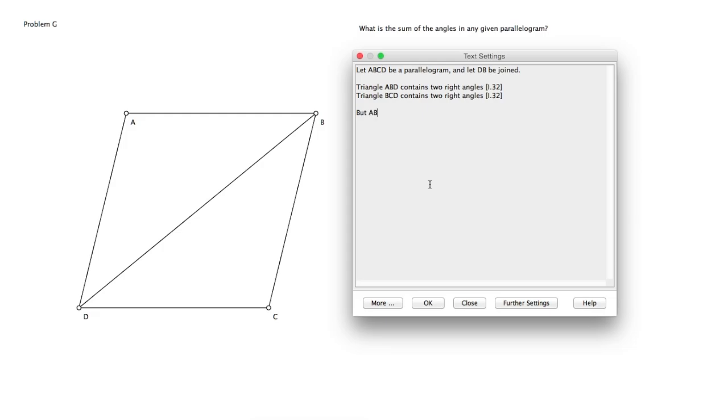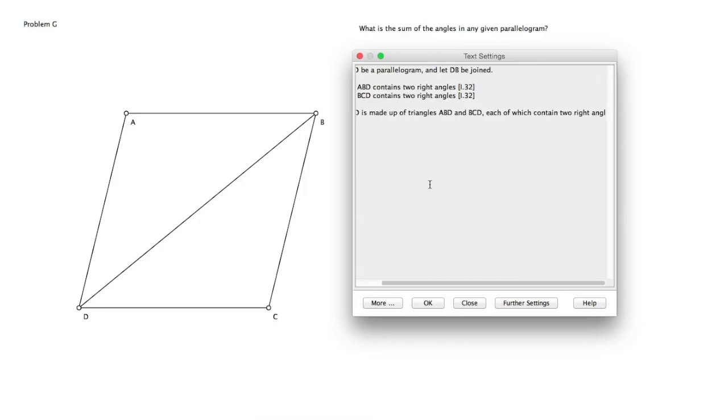But ABCD is made up of triangles ABD and BCD, each of which contain two right angles. Therefore, ABCD contains four right angles.